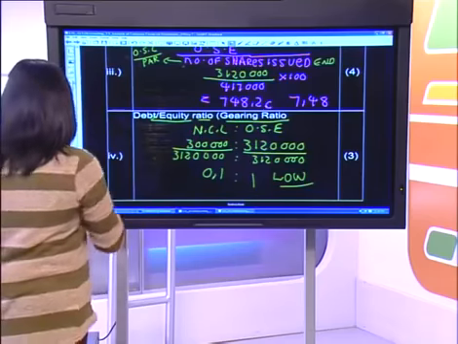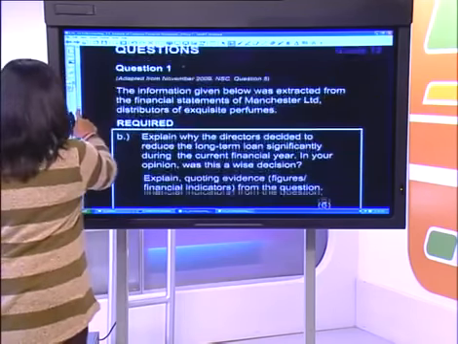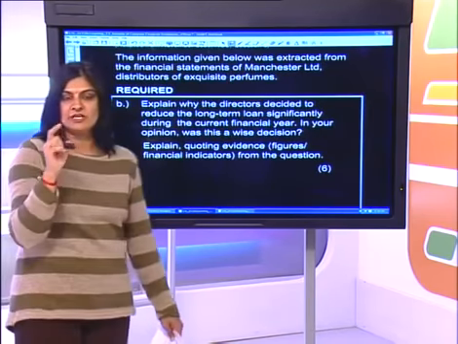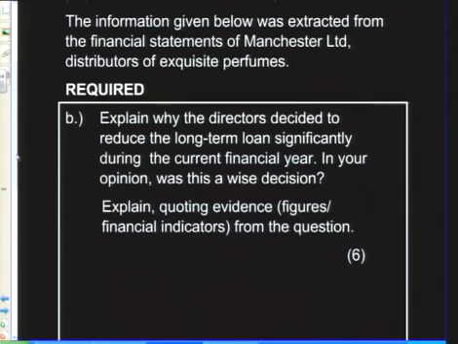I think we've done lots and lots of calculations, and we're now getting to some kind of analysis of these calculations that we've done. So I want you guys to listen very closely to the next set of questions. Explain why the directors decided to reduce the long-term loan significantly during the current financial year.